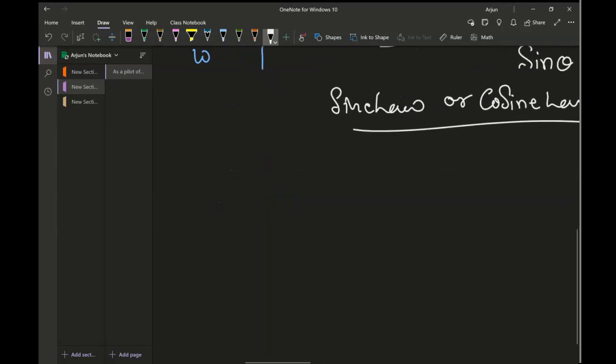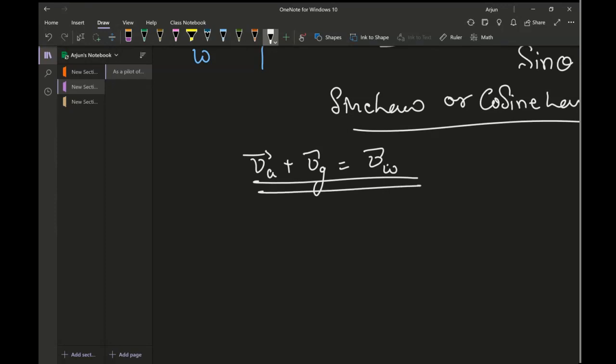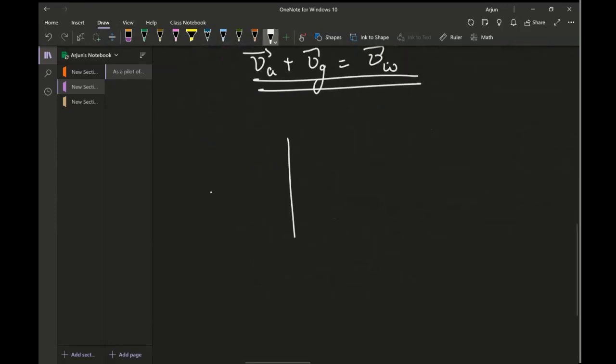To solve this question with the component method, I need to remember the formula which we've learned in the previous videos. So VA plus VG is equal to VW. That's the formula I will apply to the question. So first of all, I'll draw both the vectors on the navigation system separately. So this vector is 155.6 kilometers per hour. This is due west. So this is west direction. This is VG.